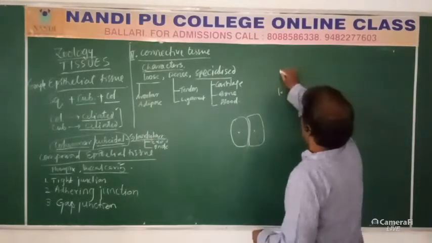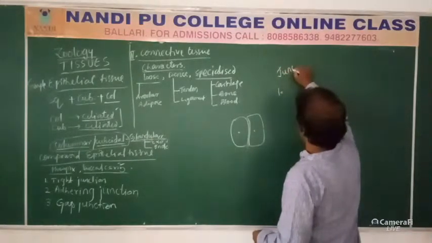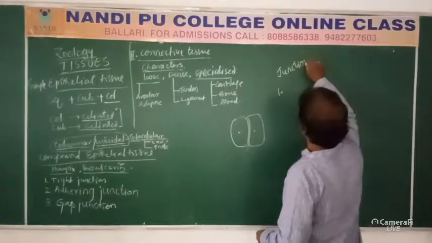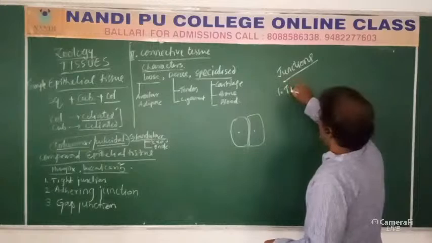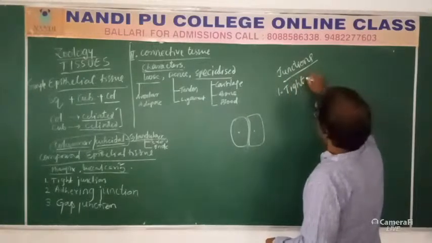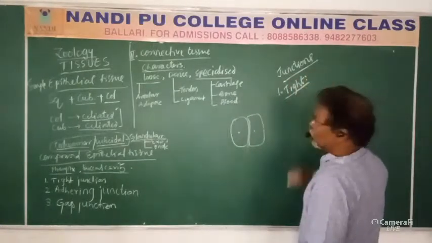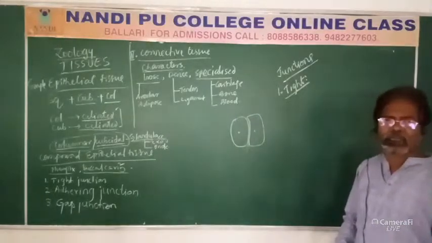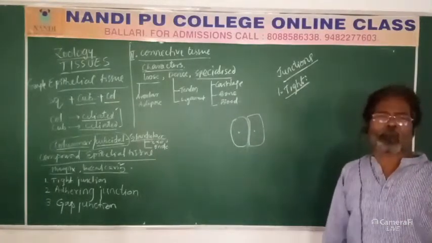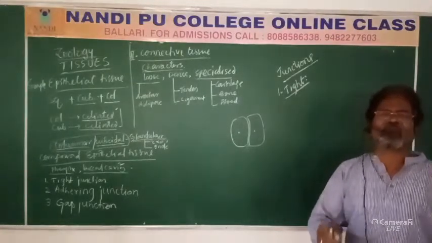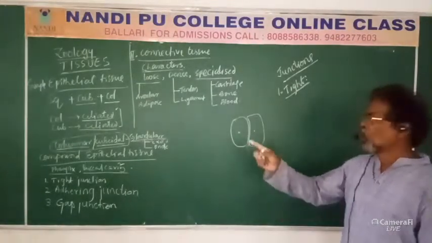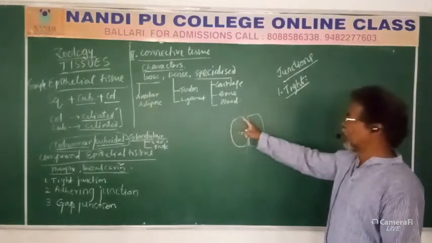These are called cell junctions. Cell junctions are of 3 types. One is called tight junction. Note down, one is called tight junction. In the tight junction, what will happen actually? They will prevent any leakage of anything through this wall or cell membrane.